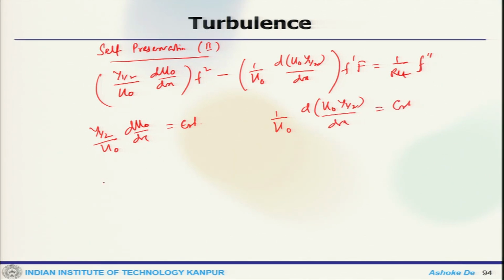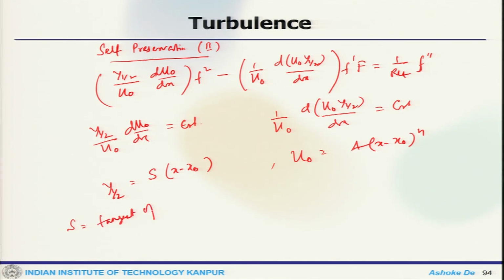Which follows that y half would be s of x minus x naught and u naught is A into x minus x naught to the power n. So, s is the tangent of the spreading angle, and n is the exponent, which is undetermined.